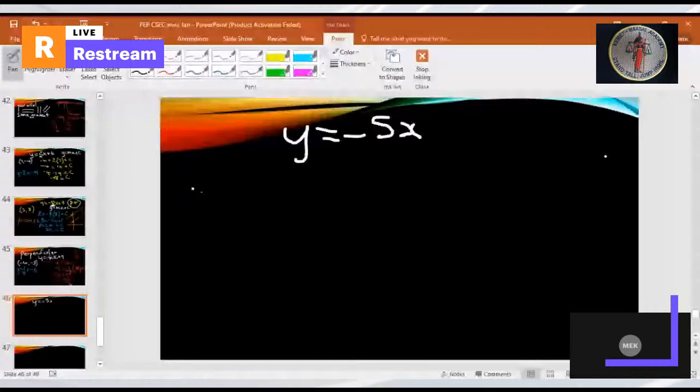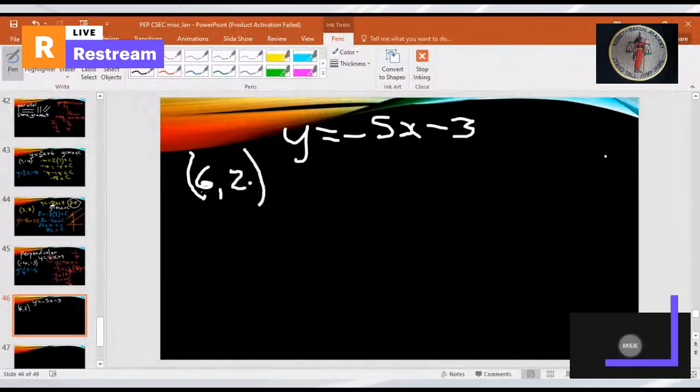Another line has a point (6, 2). The lines are perpendicular to each other. So find the equation of this line.